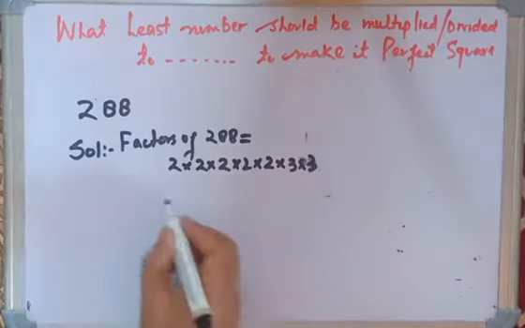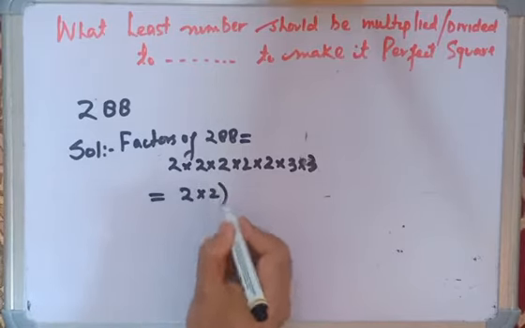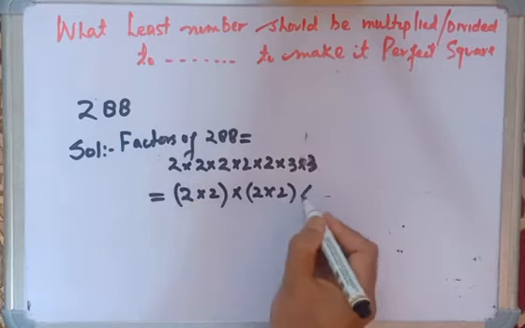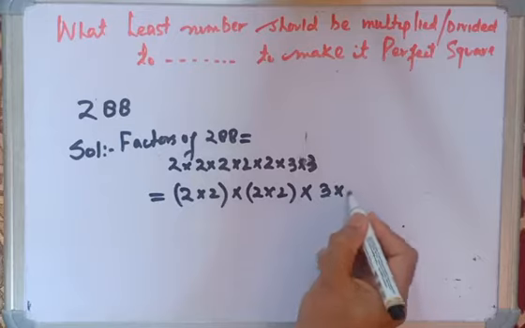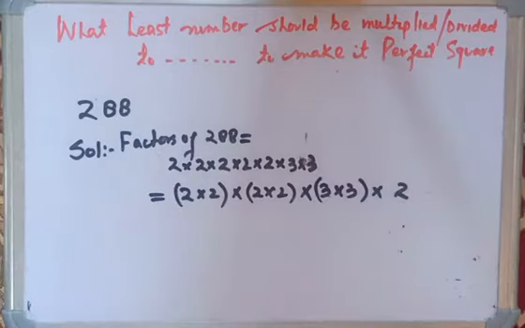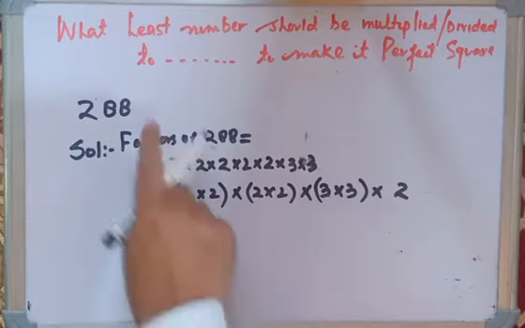Okay, then let's try to make the pairs of these numbers. 2 into 2, they form one pair. 2 into 2, they form another pair, and 3 into 3, they form another pair, and there remains a single number in the form of 2. Now what will you do in order to make this a perfect square? These are the factors of this number.